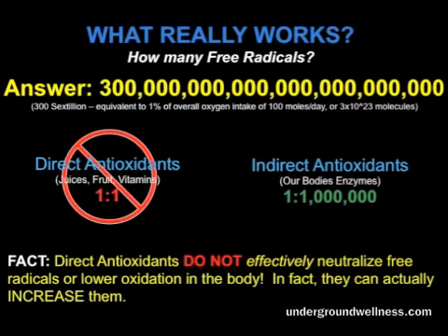And we know that water does in fact extinguish fire. There's no debate, there's no question. But if we have a cup full of water thrown onto a raging forest fire, it's not going to have any effect, though water does in fact extinguish fire. That's what would happen if you're using the direct approach, 1-to-1, it's not effective. Whereas the indirect approach, the 1-to-1 million, is like pouring that same cup of water on a single birthday candle.